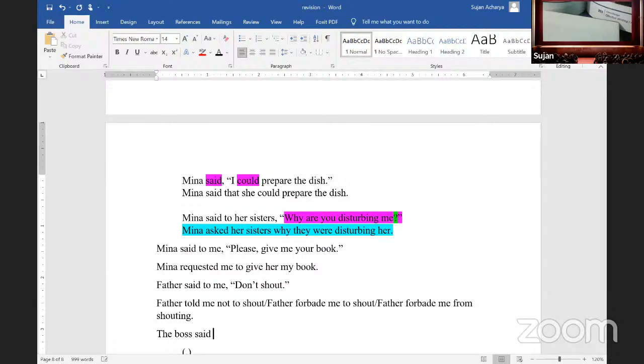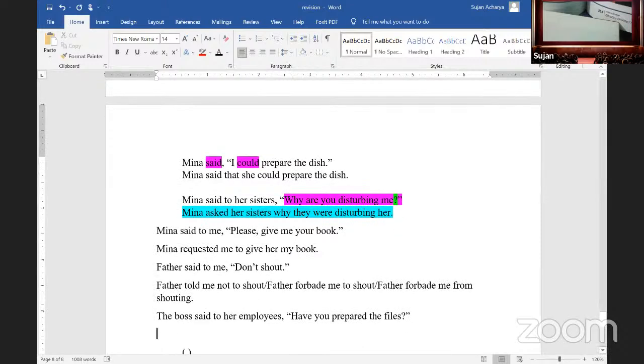The boss said to her employees, have you prepared the files? Change this.